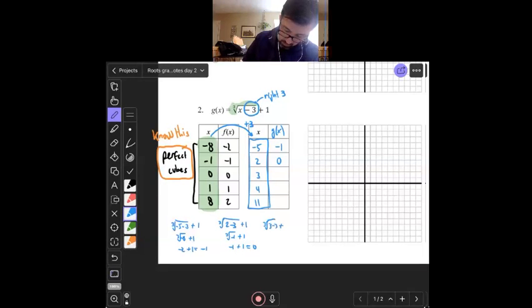That'd be the cube root of 0 plus 1, which is 1. 4 minus 3 is 1. Cube root of 1 is 1. 1 plus 1 is 2. And the cube root of 11 minus 3 plus 1 is cube root of 8, which is 2. 2 plus 1 is 3.